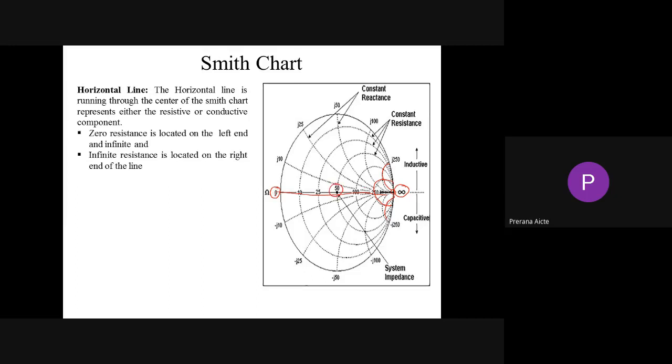The left hand side is zero, that is nothing but the short circuit. And this is infinite resistance on the right hand side, that is the open circuit, and the center is the matched line.